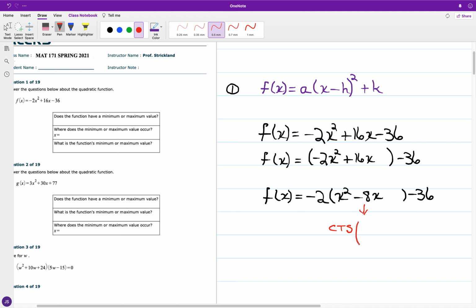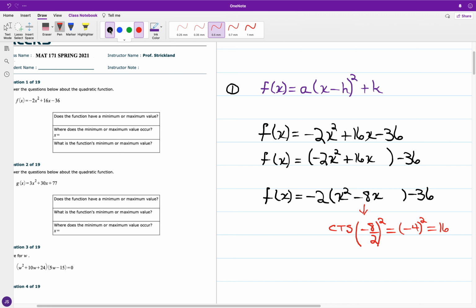I take the coefficient of the first order term, in this case negative 8, divide by 2 and then square. So half of negative 8 is negative 4, and the square of negative 4 comes out to positive 16.